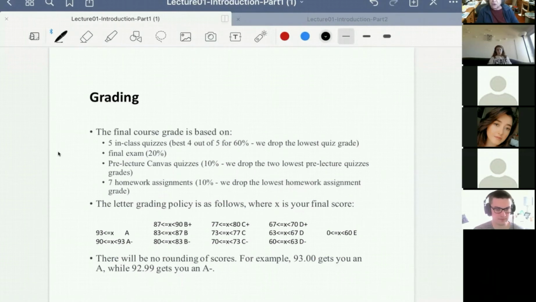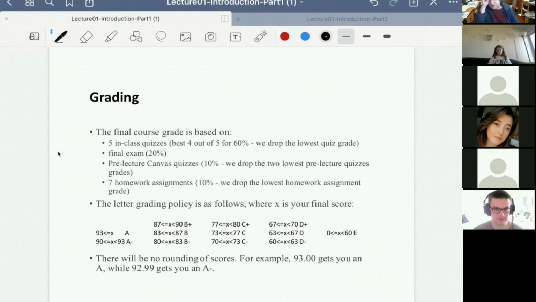If you miss a quiz, that counts as your drop. The final exam counts for 20%. The pre-lecture Canvas quizzes or homework sets count for 10%. There are a lot of them, and we'll drop the 2 lowest pre-lecture. And there are 7 homework assignments that count for 10%, and we'll drop the lowest one.